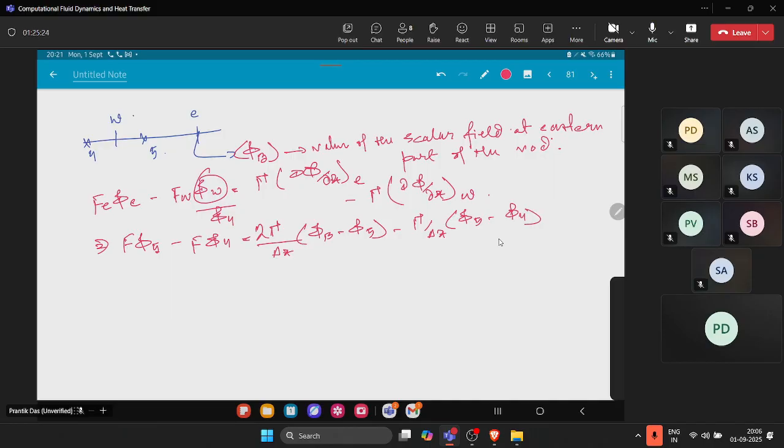Okay, this we can reduce to a plus 3d phi equals a plus d phi 4 plus 2d phi b.